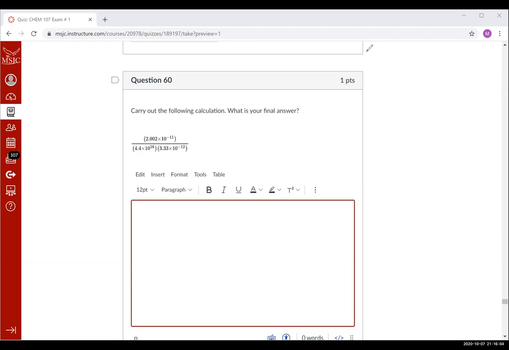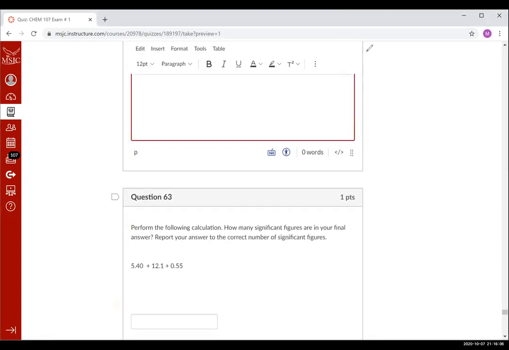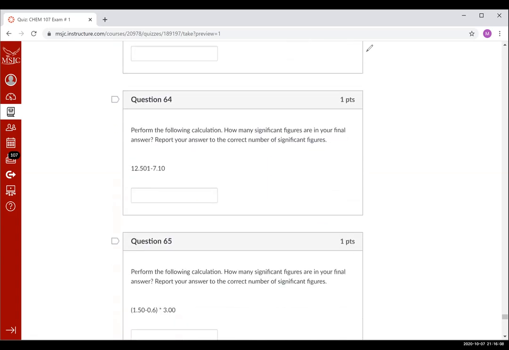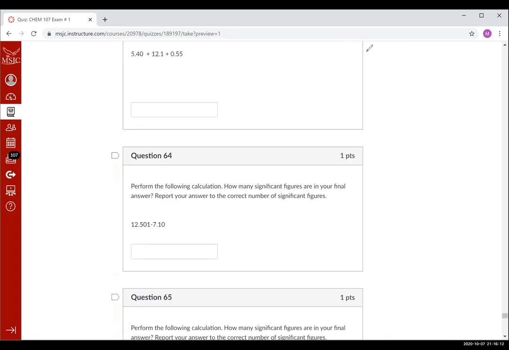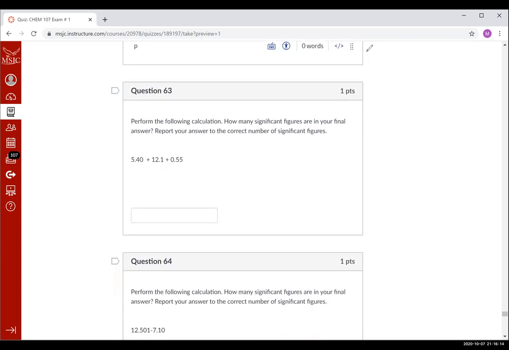So let's keep going with this example. We're almost done. For the last few sets of problems, we're looking first at an addition operation, and in addition we care about decimal places.